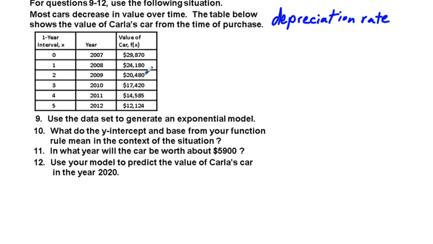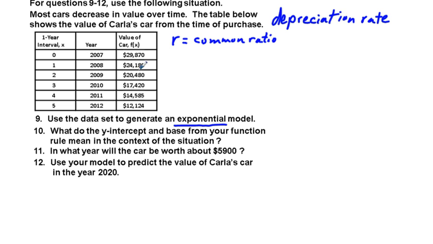Okay, so you have all these ratios here, and of course for an exponential model, in question 9 it says use the data set to generate an exponential model. So you already know what you're going to be looking for, and that's going to be R, your common ratio. And what do we do to get the common ratio?